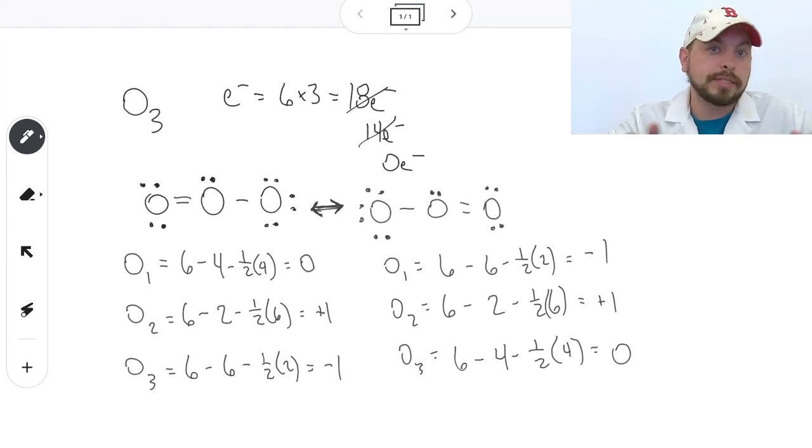The central atom still has a formal charge of +1, and the one on the right now has a formal charge of 0. So why is this more stable?